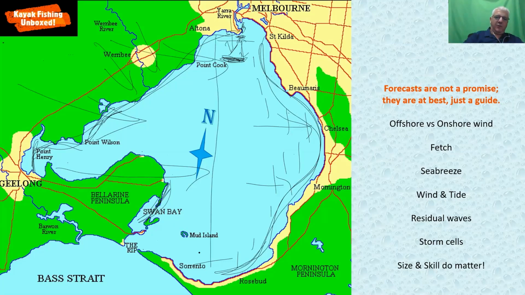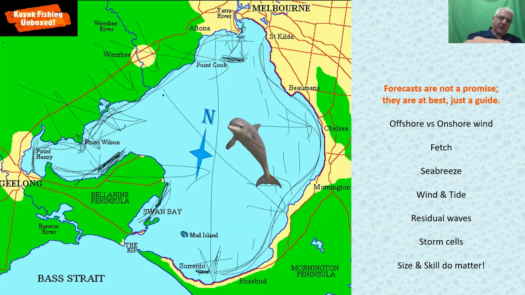If the wind's blowing from one end of the bay to the other and you're here, then that's the longest fetch, and so that's where there's most likelihood of the waves being biggest down here. So if you're fishing in a northwesterly over here and it's not too strong, then it still may be quite fishable along here because the fetch, the distance here, is not as bad as the distance here.